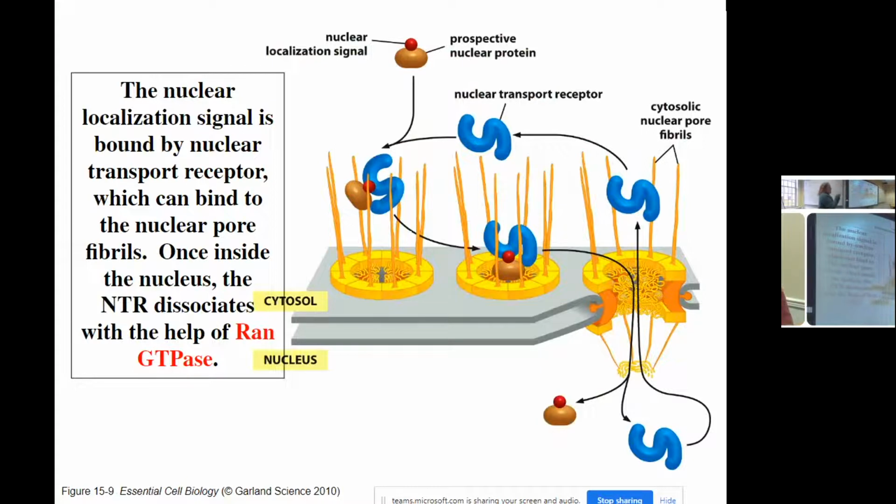So the way that a protein actually gets into the nucleus is it first has to bind with this other protein that's floating around in the cytoplasm called nuclear transport receptor.